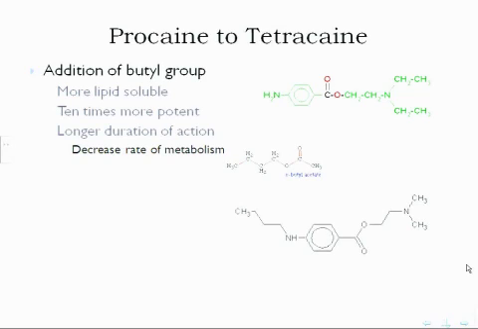And when we do that, we call it tetracaine. Just that simple addition will make this thing become much more lipid soluble. And when you increase the lipid solubility, it becomes 10 times more potent and has a much longer duration of action. And simply by changing that little bit, decreases the rate of metabolism as well.